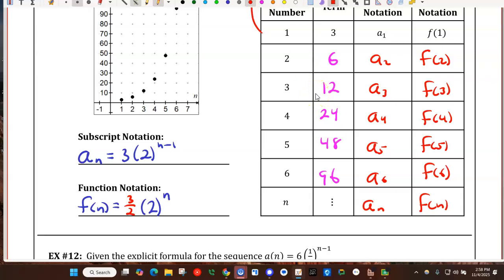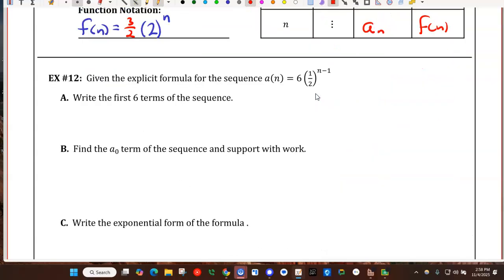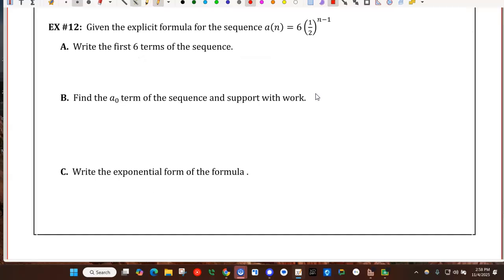And when you're ready, go ahead and try 12. This is just a repeat of what we've kind of already done so far. We should be able to do this begin and end on our own now. You can see the ratio is 1/2 once again. So half of 6 is, and then carry on till the 6th term.